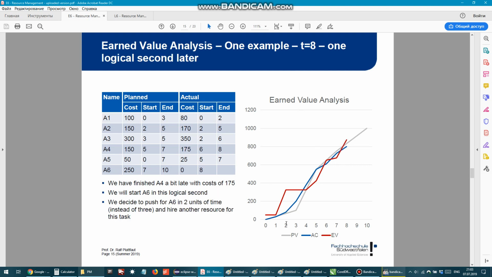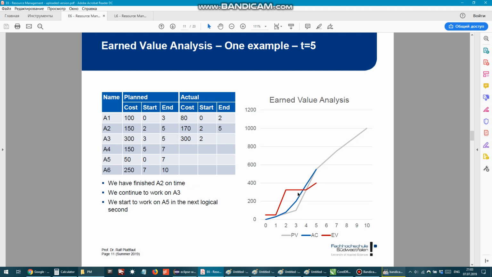So for any given date, you just plot these numbers. For example, for day 2, you have 80. For day 3, 170, and for day 5, approximately 500 something. So this 80 and 170, and this is also going on, if you look at it from the beginning, for day 5, right?